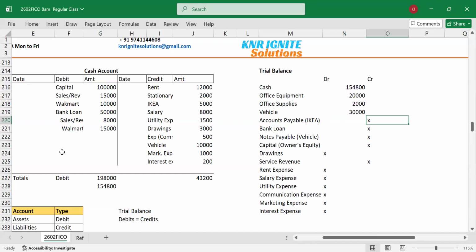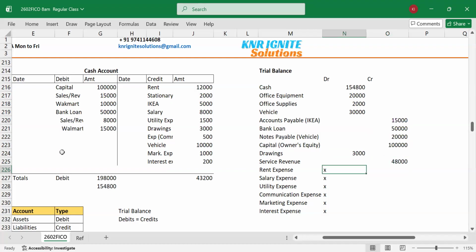Accounts payable, 15,000. And bank loan, you have 50,000. And notes payable, you have a balance of 20,000. And capital, you brought 100,000. And drawings, we have 3,000. And revenue total, we earned 48,000.